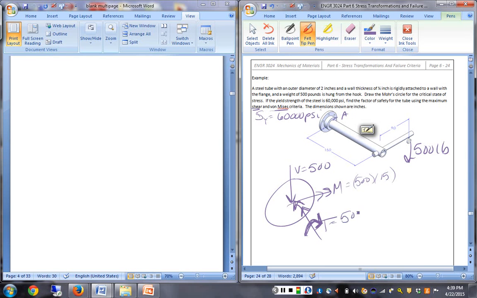So that is 500 times 9. So that is 7,500 inch-pounds, and that is 4,500 inch-pounds. All right. What kind of stress do I get from this? I need to figure out what my stress state is.